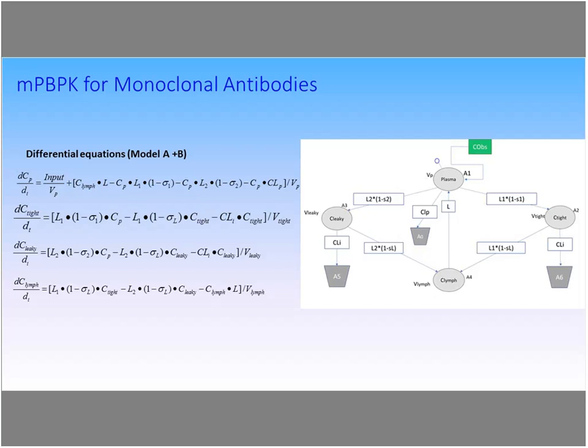Sigma 1 is, again, the reflection coefficient from plasma to the tight tissue. This group is divided by the volume, so we get the concentration. Similarly, you'll see the differential equations for the tight tissue, the leaky tissue, and the lymph.